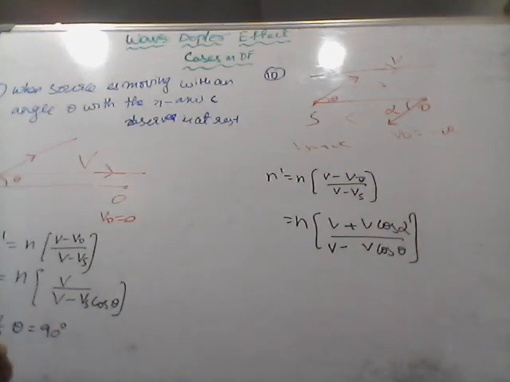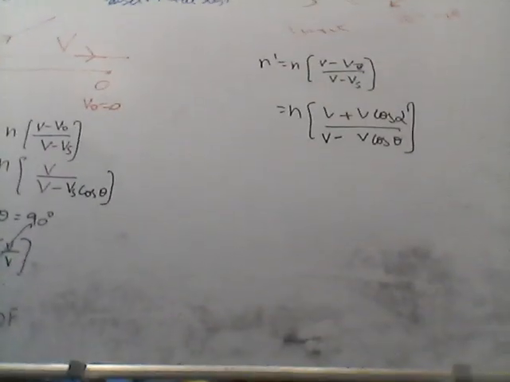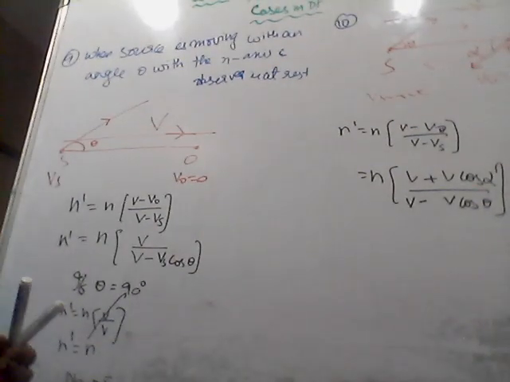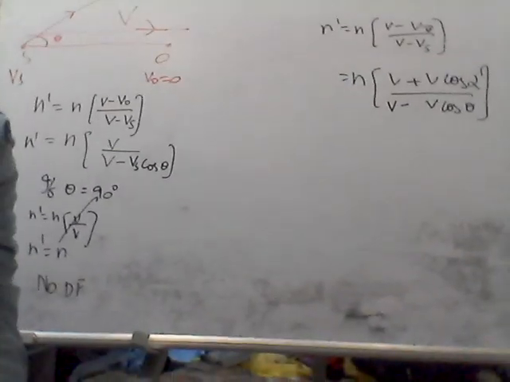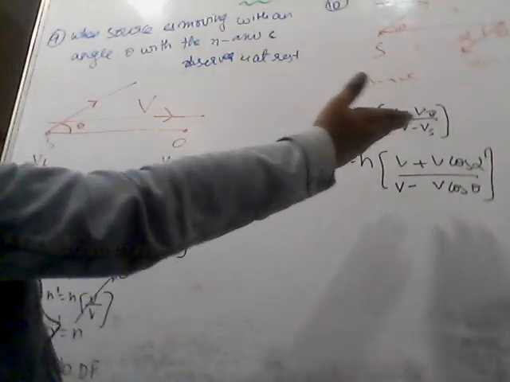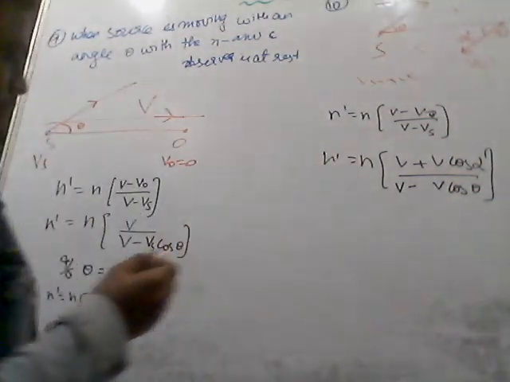If theta is 90, then n dash is equal to n, V by V cancels, no Doppler effect. And here also if you take 90 for cos alpha and cos theta, then again you get the same case, n dash is equal to n. I'm not writing it again.